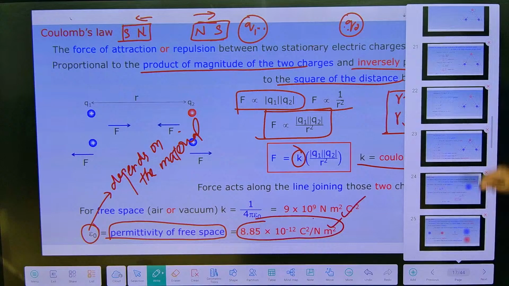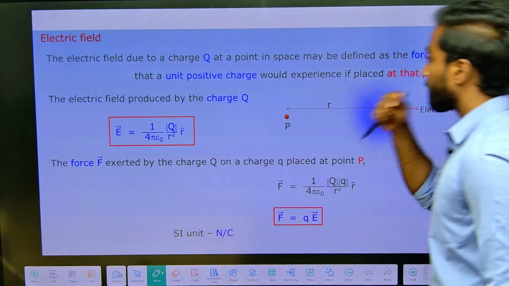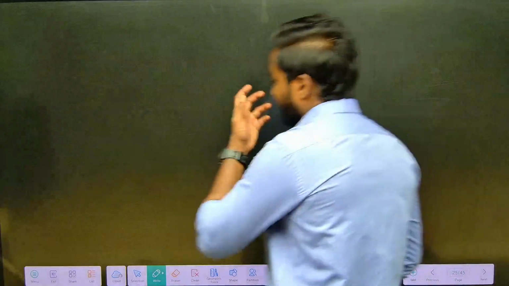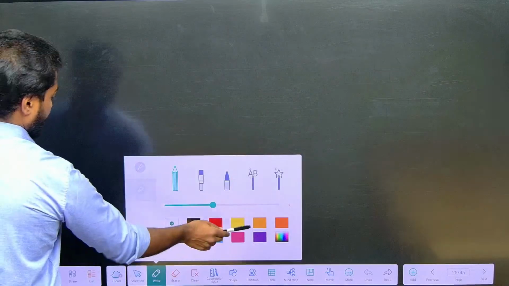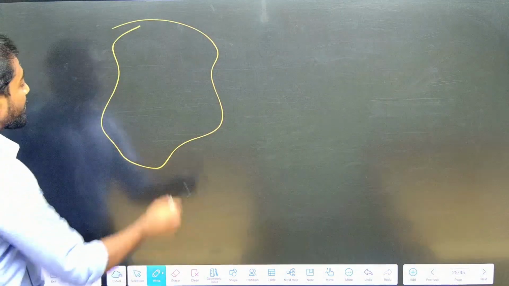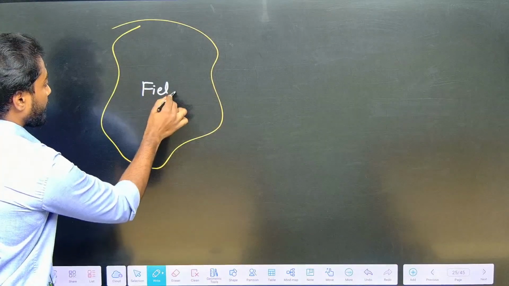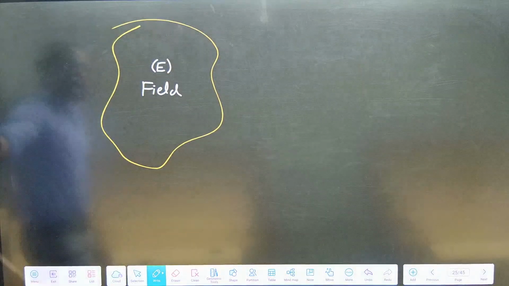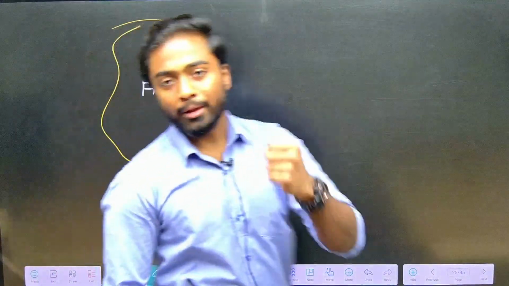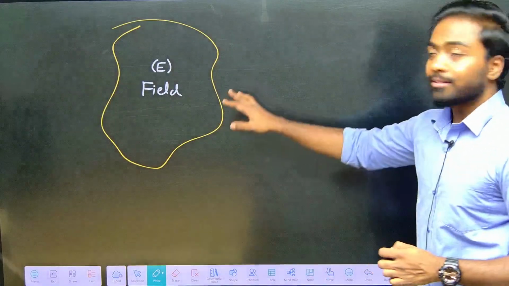Okay, and we'll see now the electric field. For this I'll explain the concept in a simple way. When we take a space, a field is present in it, the electric field, which is denoted by the letter E. How can we observe and analyze this electric field?